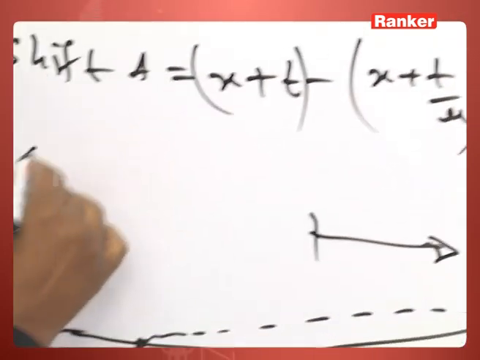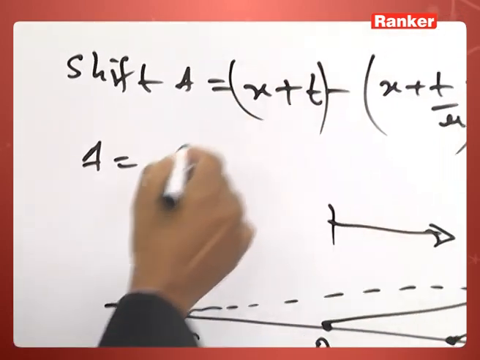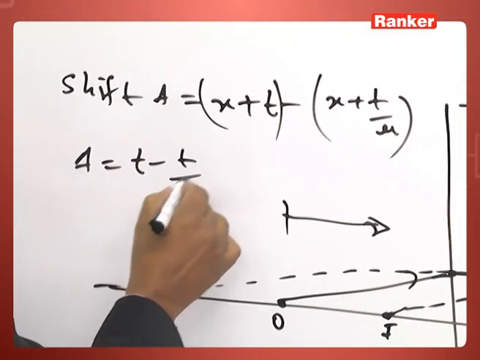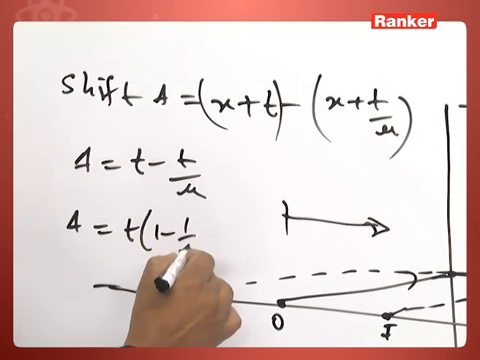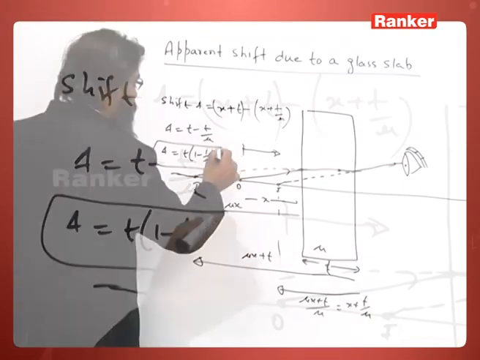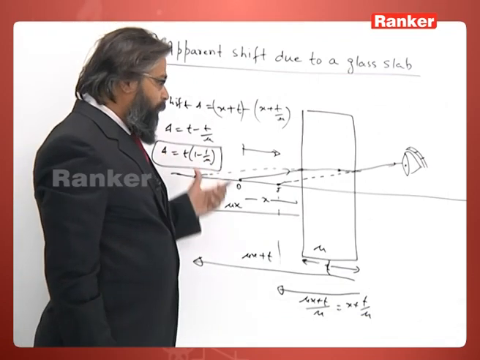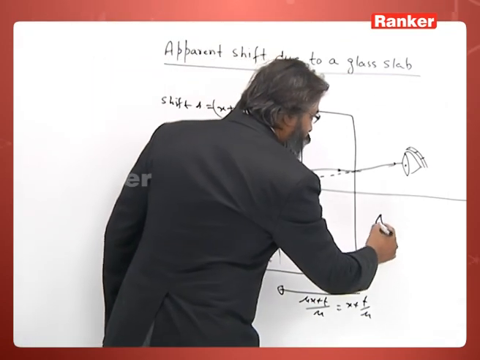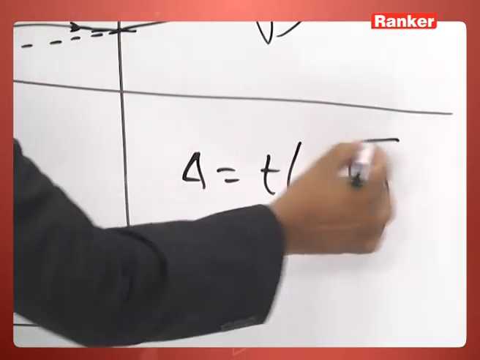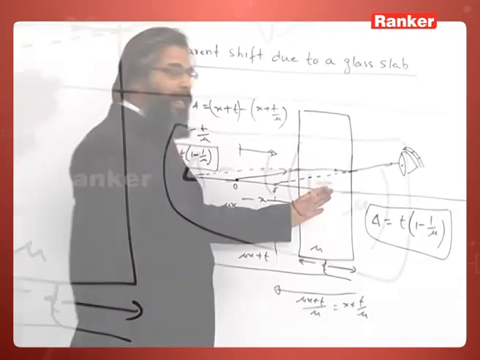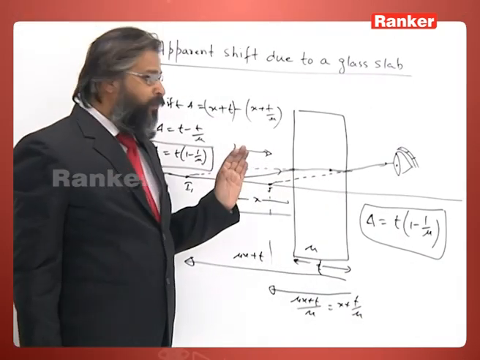So delta becomes, x cancels, t minus t by mu. So we have delta equals t(1 minus 1 by mu). That is the expression of the net shift. Let us write it here. Net shift delta is equal to t(1 minus 1 by mu) caused by this slab. The shift is in this direction.